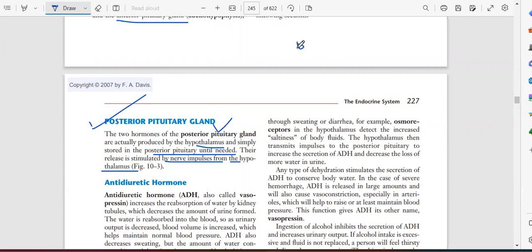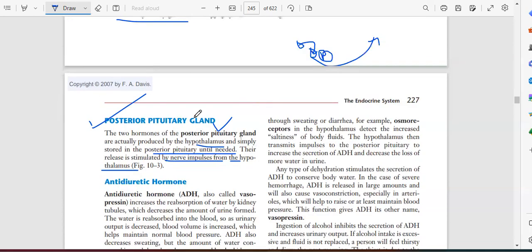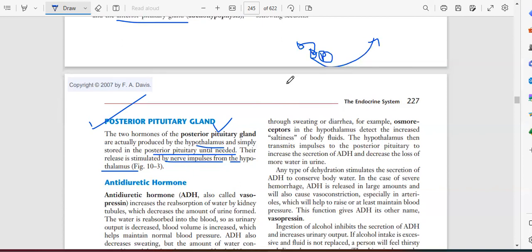This is the hypothalamus, this is the pituitary gland. The hormones are stored in the posterior pituitary and released whenever necessary by nerve impulse. Whenever the hypothalamus signals to release the hormones, it releases them.